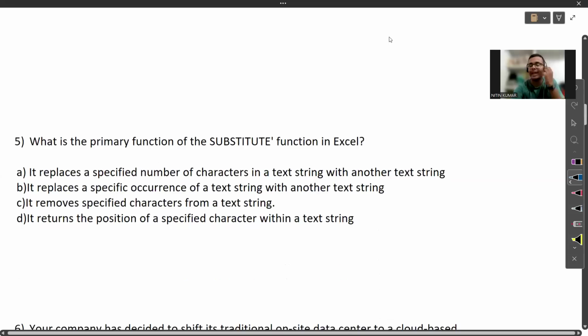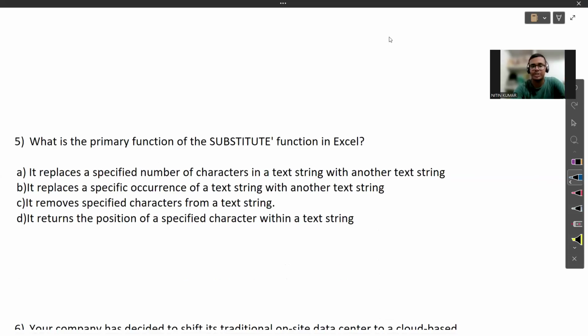The next problem is again from Excel. What is the primary function of the SUBSTITUTE function in Excel? As the name suggests, SUBSTITUTE will replace. Let's say in Excel there is multiple data present.